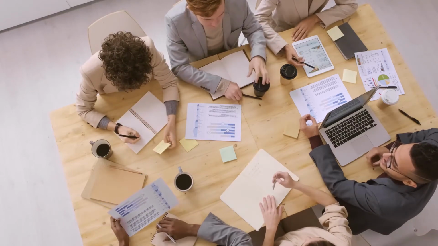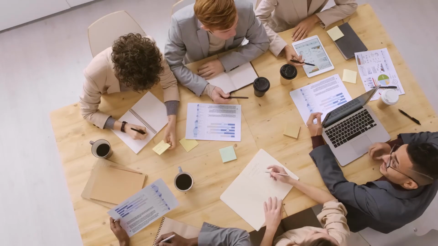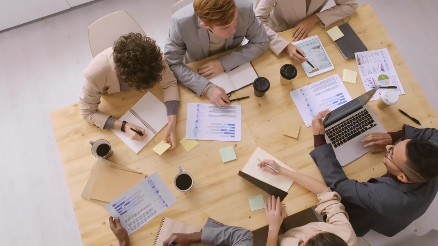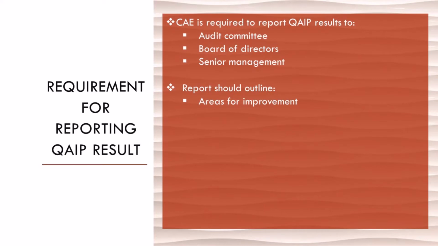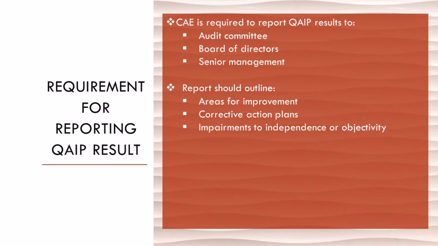Communication of results should occur after internal and external assessments are completed, with a report outlining areas for improvement and corrective action plans. If there are any impairments to independence or objectivity, resource limitations, or audit scope restrictions, the Chief Audit Executive should also communicate those issues in the report.